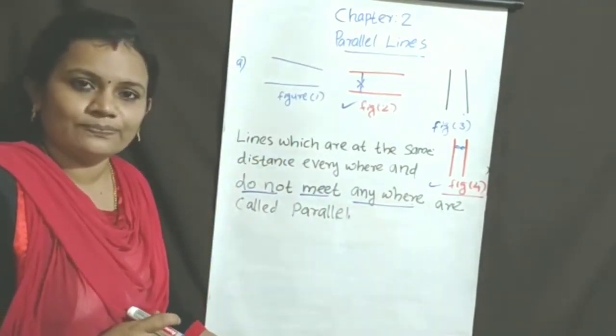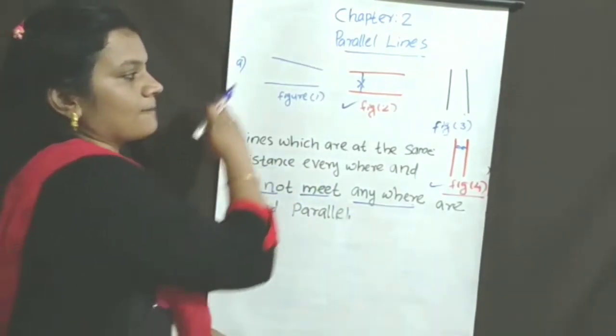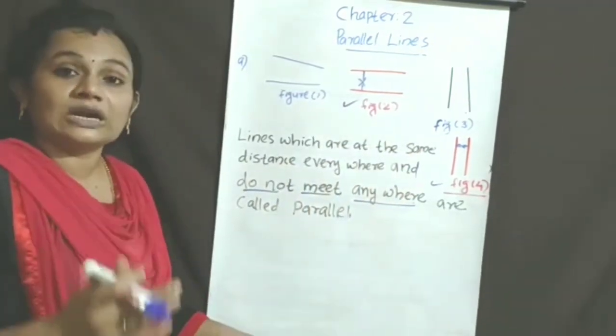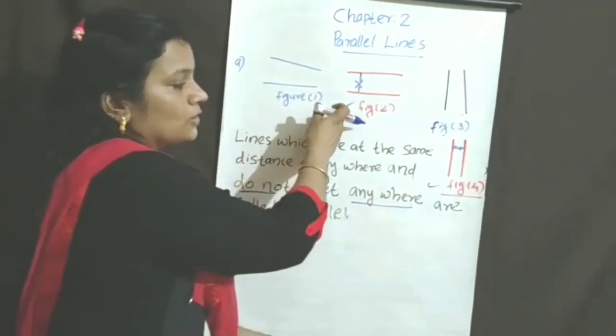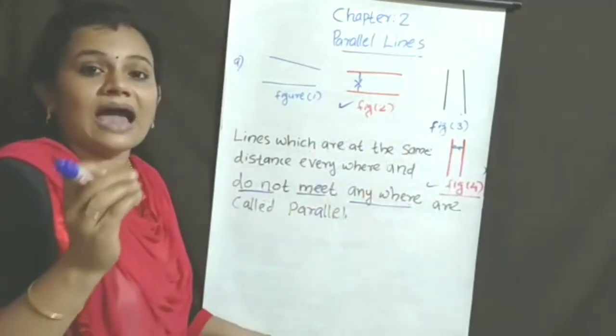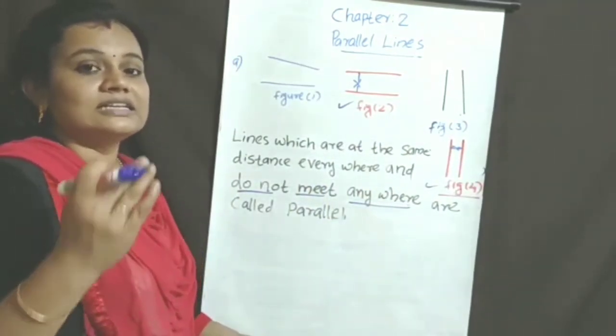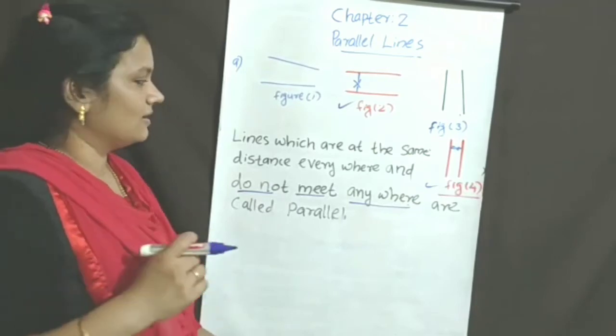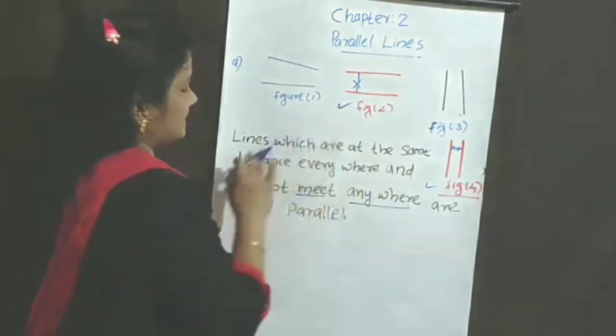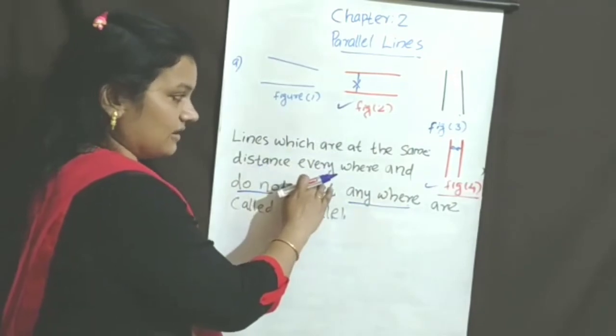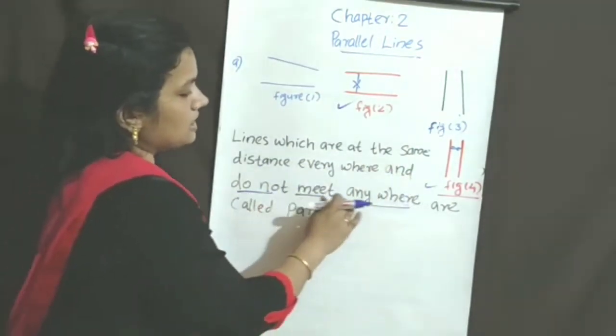Understood all of you? First of all, we compared these figures and concluded that figure 2 and figure 4 are parallel lines. Parallel lines are lines which are at the same distance everywhere and do not meet anywhere.